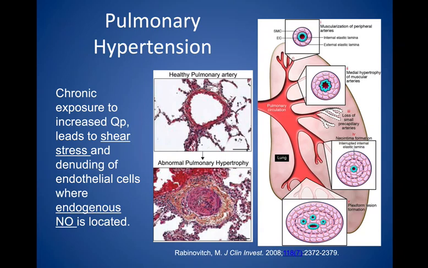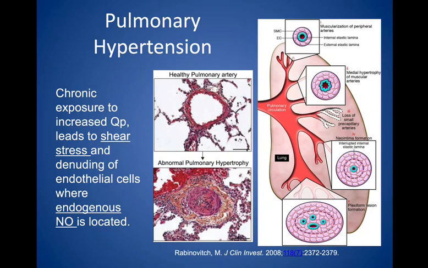So lastly, with increased pulmonary blood flow, chronic exposure leads to elevated, higher pressures, and you end up having an evolution of pulmonary hypertension. This is really due to a medial hypertrophy of the pulmonary arteries. You have abnormal muscularization of those arterioles, and ultimately irreversible pulmonary hypertension.